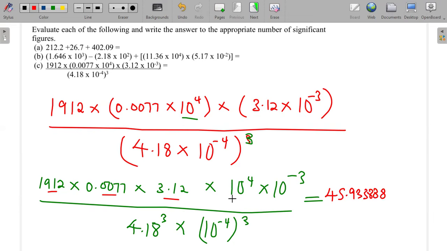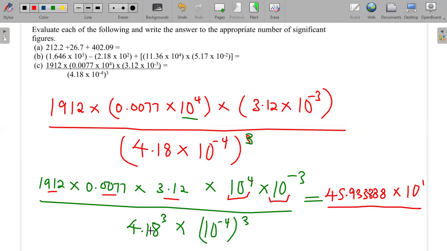Then here, 10 and 10 are the same base, so I'll just add the powers. It will be times 10 to the power 4 plus minus 3, which is 4 minus 3, just 1. So on top, I'm just going to have 5.93388 times 10 to the power 1. I'm done with the top part.